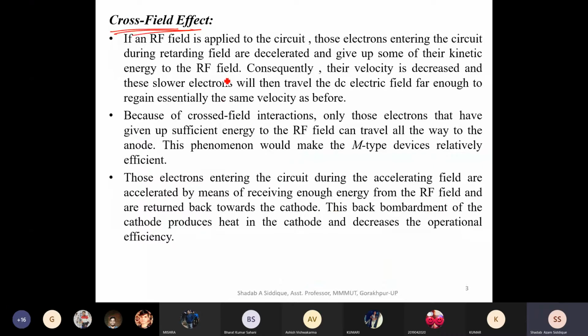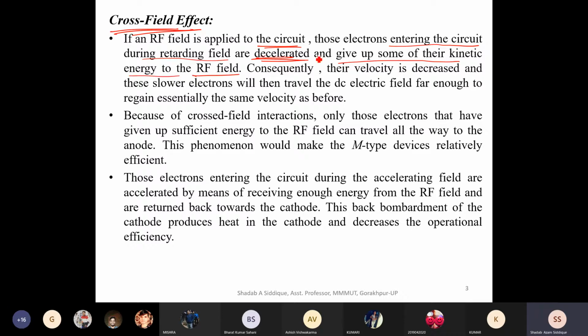If an RF field is applied to the circuit, those electrons entering the circuit during the retarding field are decelerated. So in the retarding phase, they are decelerated, which means they give up some of their kinetic energy to the RF field.